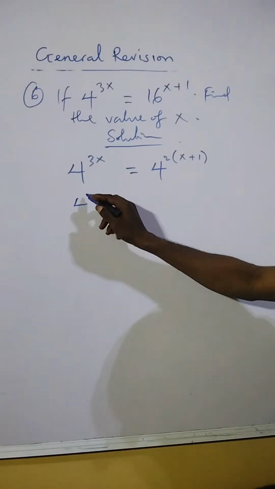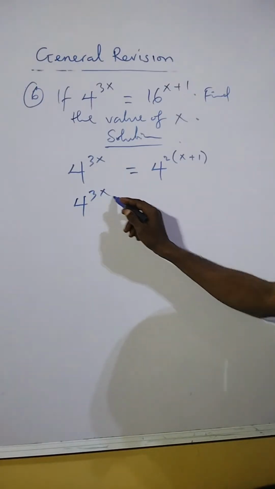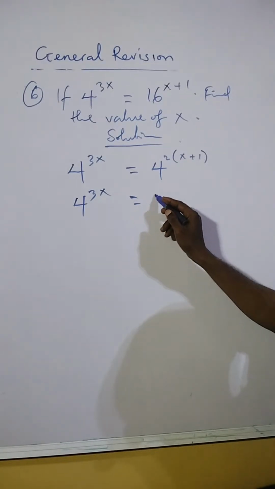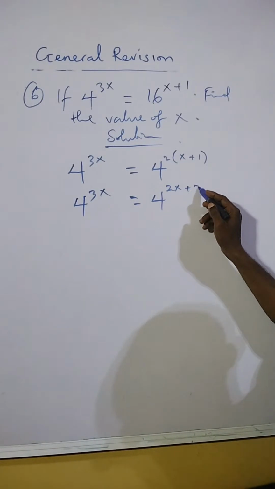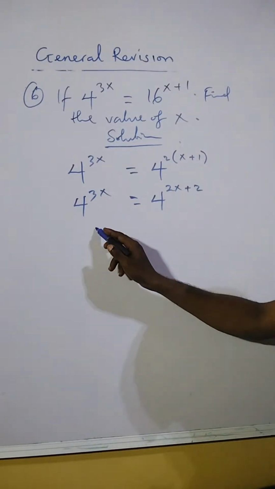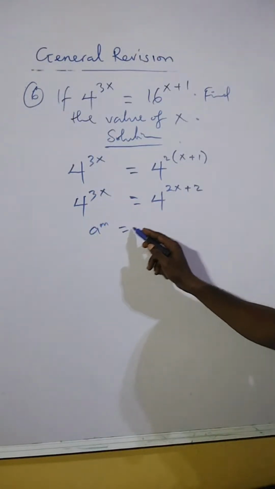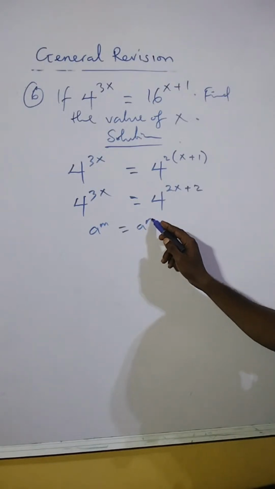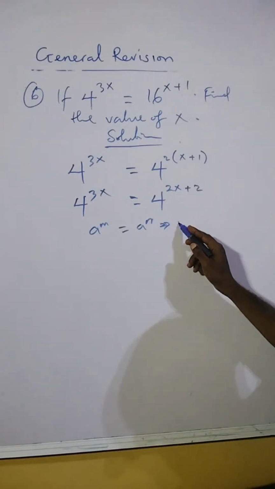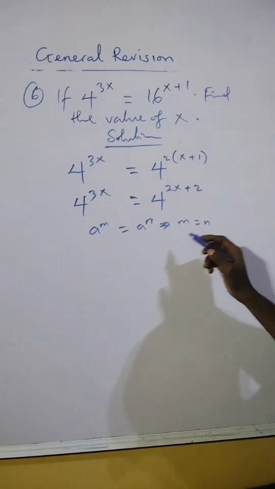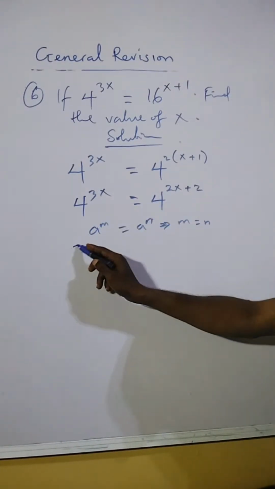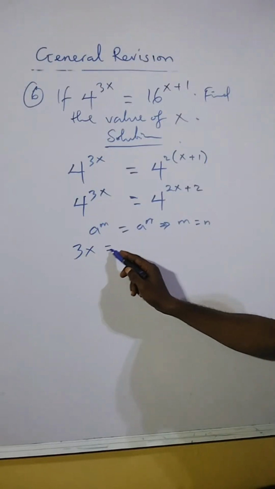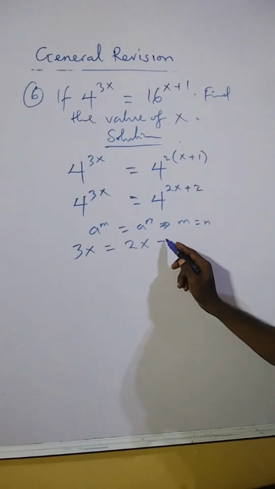So this becomes 4 raised to power 3x equals to 4 raised to power 2x plus 2. Since a raised to power m equals a raised to power n means m equals n, with the same base we can equate the power. We have 3x equals to 2x plus 2.